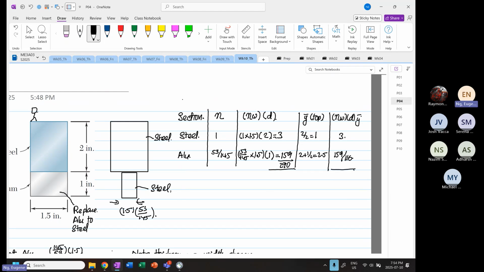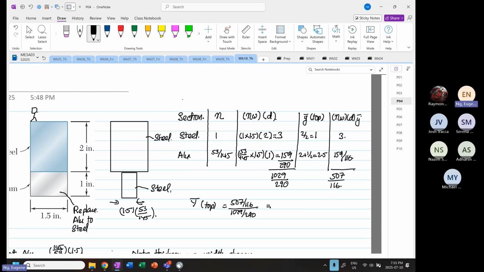You do the summation. 3 plus 159 over 290 is equal to 1029 over 290. And this one is 3 plus 159 over 116, and this is 507 over 116. So the y bar now, from the top, will be equal to 507 over 116 divided by 1029 over 290.